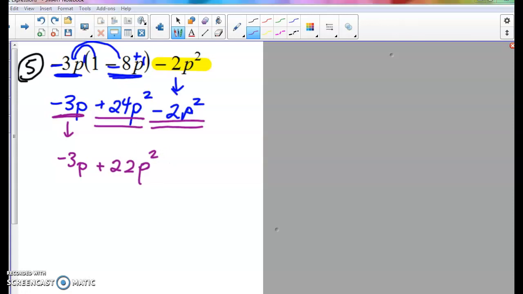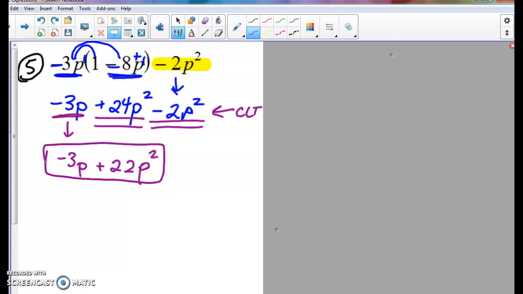Now, one thing to just remember is that right here, all we did was combine like terms. So when we combine like terms, remember, we only add or subtract the coefficients. 24 minus 2 gave us 22. We do not change the exponents when we add or subtract, only when we multiply.